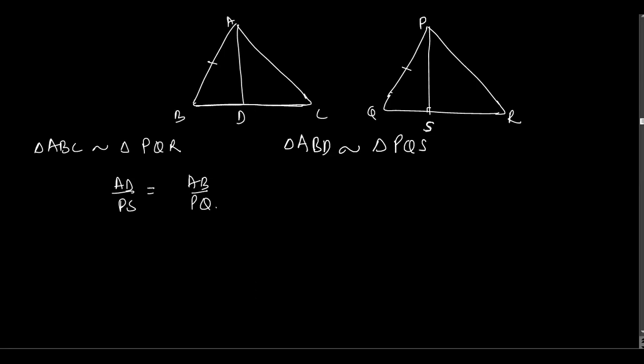Okay, so how can we prove that these two triangles are similar also? Actually these are not the altitudes, these are the medians.